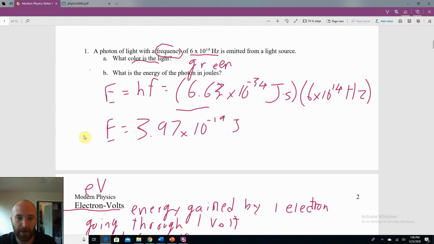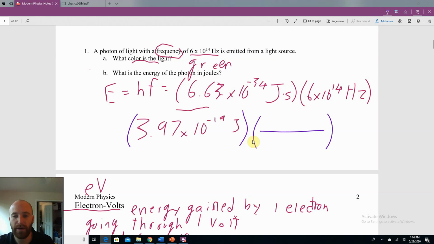We're going to start by just writing out the number that we had, which is the 3.97 times 10 to the negative 19 joules. And we're going to multiply it by some fraction, something over something, that will make joules go away. So we want this joules to go away and leave us with electron volts. Well, to make joules go away, I'm going to put joules on the bottom, because joules divided by joules cancels out. And I'll put eV on the top.